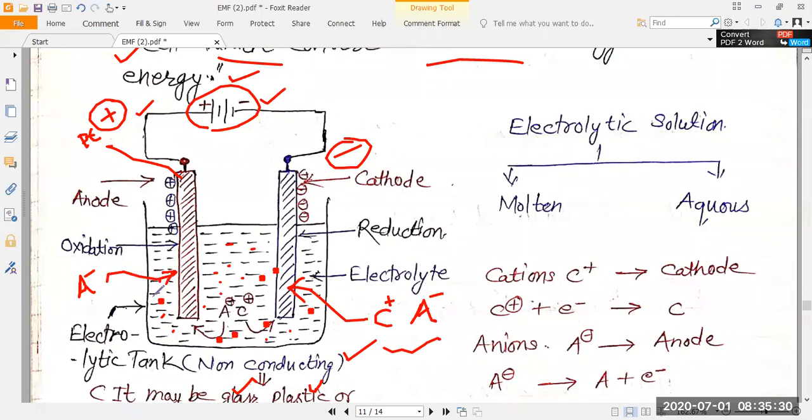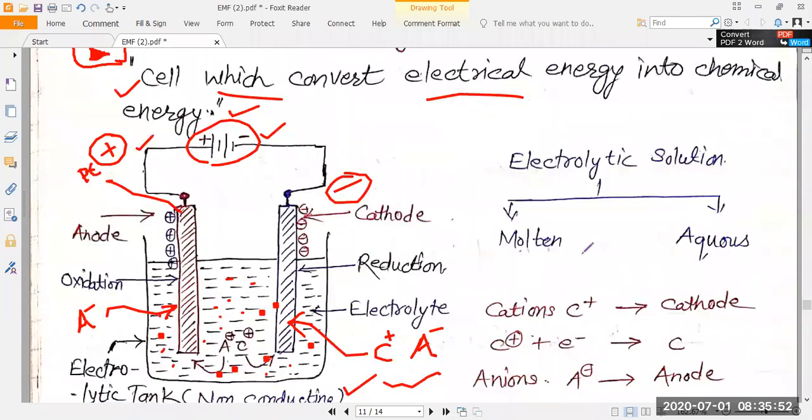The anion will give its electrons to the electron-deficient anode, and the cation, the positively charged ion of the electrolytic solution, accepts electrons at the cathode electrode in the electrolytic cell.